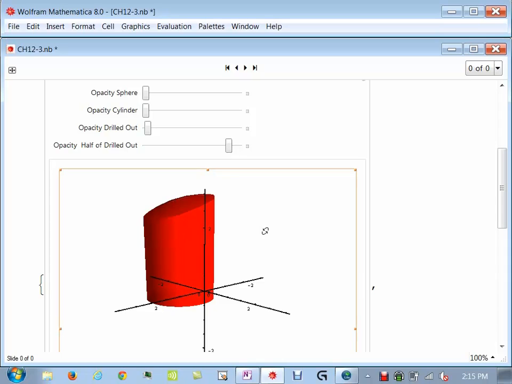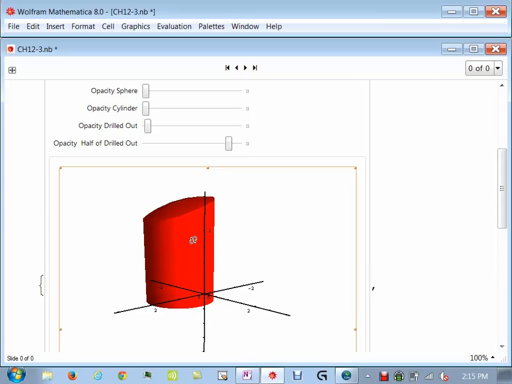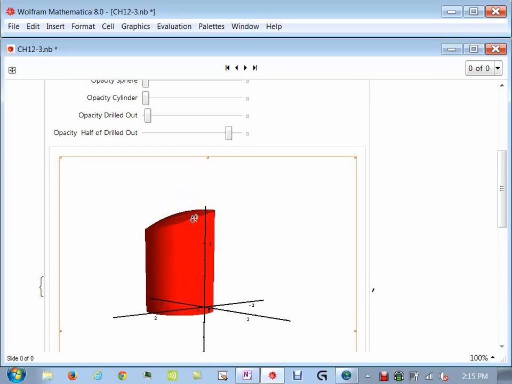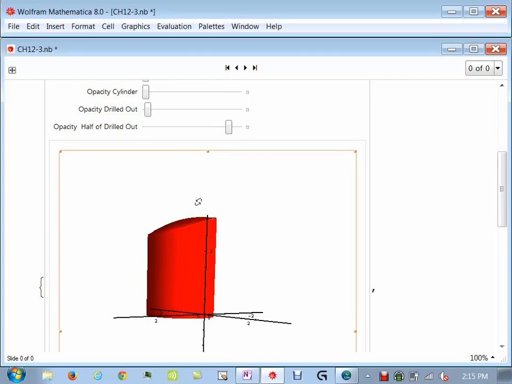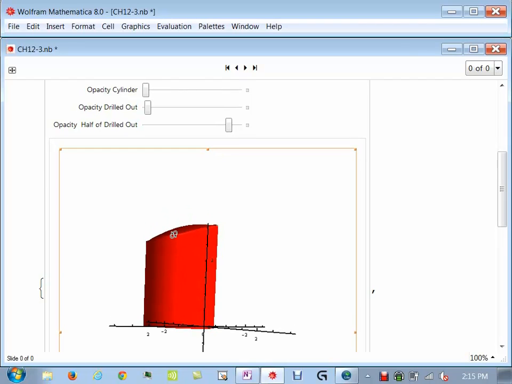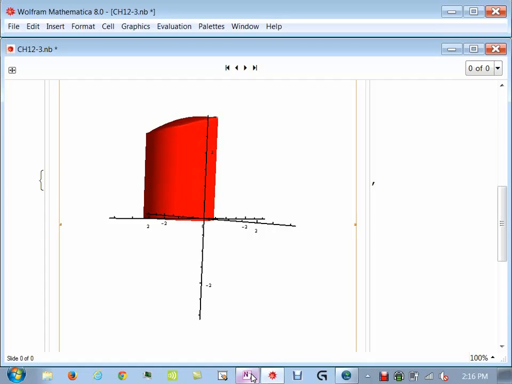The top of it is rounded off because that's part of the sphere. A lot of students think, I just need to find the volume of the cylinder and then cut it off or something. Well, it's the fact that that cap is rounded that makes it a lot more challenging. All right, so let's try and attack this problem.